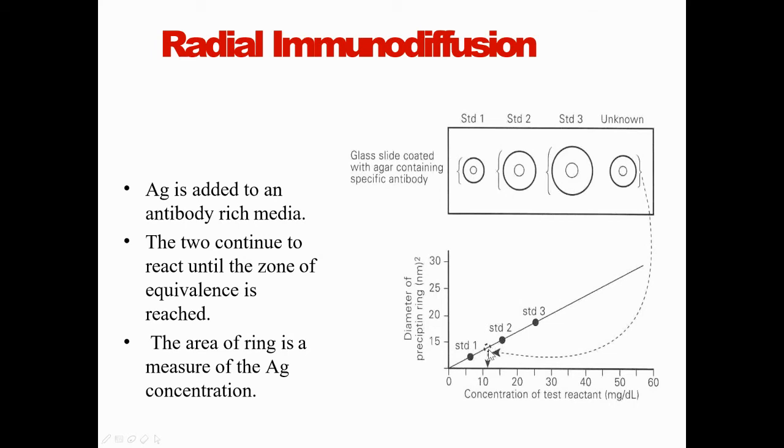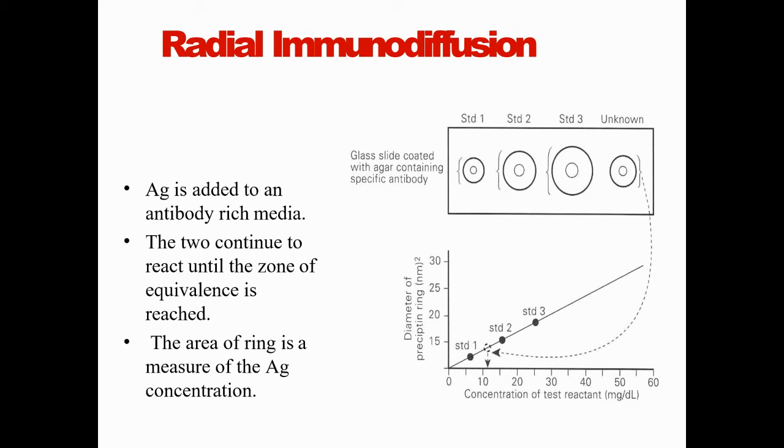This is what the curve shows for the unknown reaction. This unknown antigen had shown this precipitation value, and then we will mark the curve over there. That value is considered the concentration of the test reactant, which is the total amount of antigen present over there.